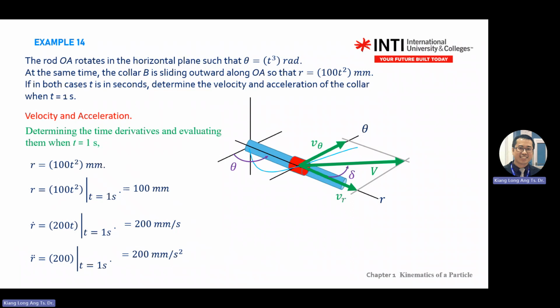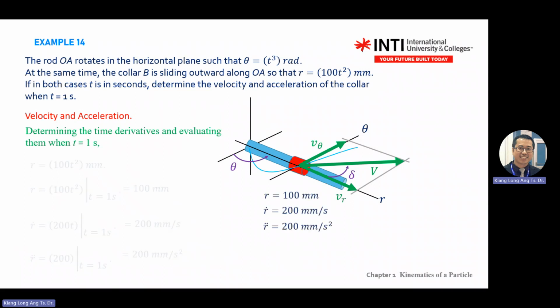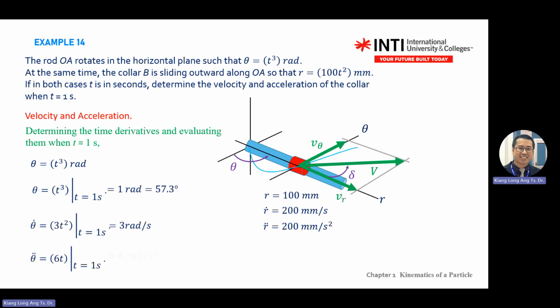Any question for the values? No, right? So you have r dot and r double dot. You do the same for theta, as already done on the whiteboard here. Again, substitute the time, all in radians. Again, you need to put in degrees, in layman terms.